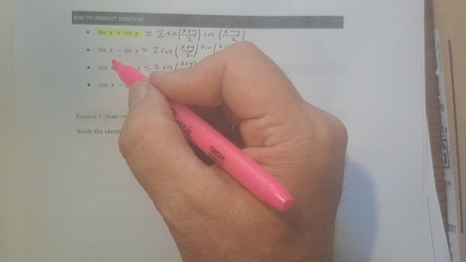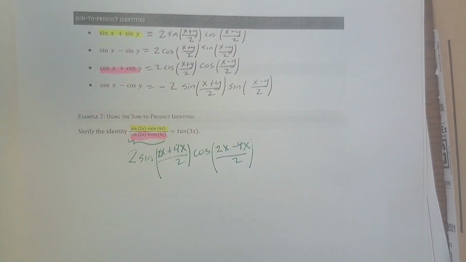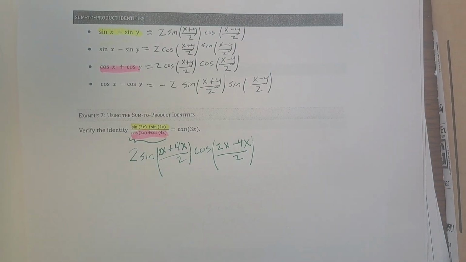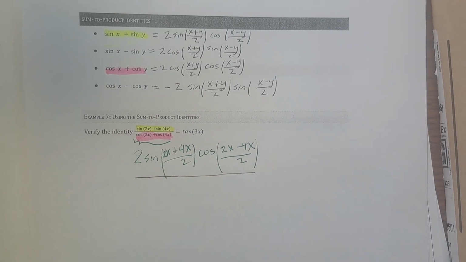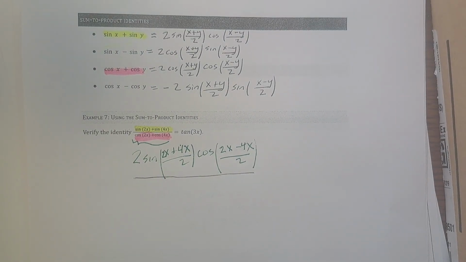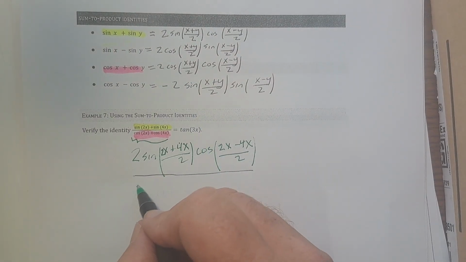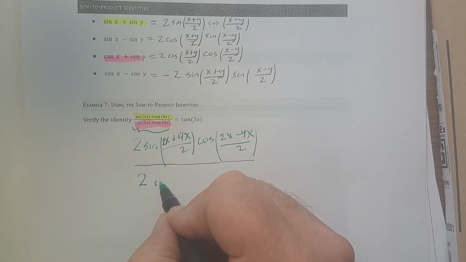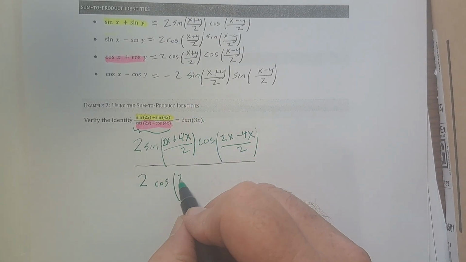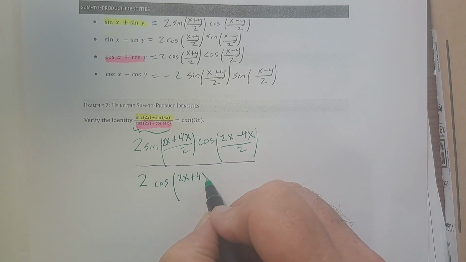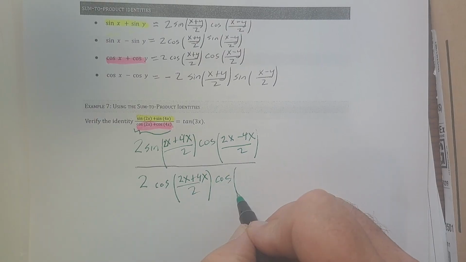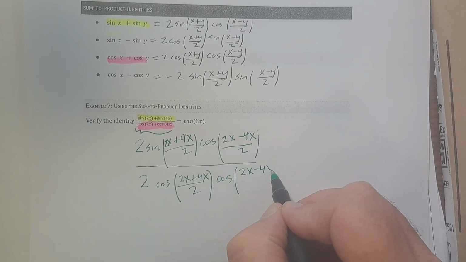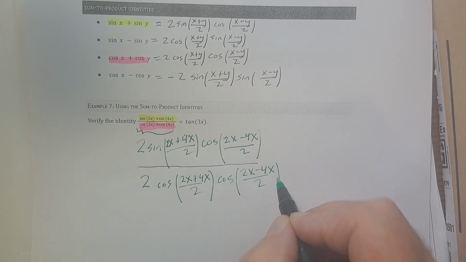And according to this one, the sum of two cosine functions can be calculated as twice the cosine of the angles summed and divided by 2, and then times the cosine of the difference of the angles divided by 2.